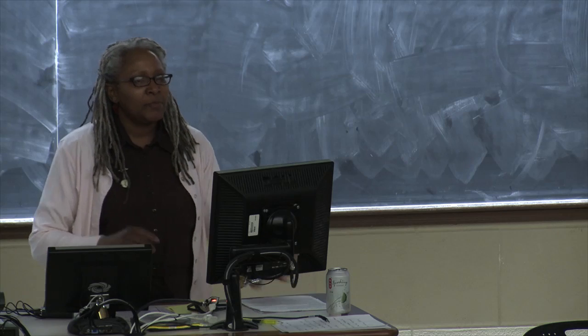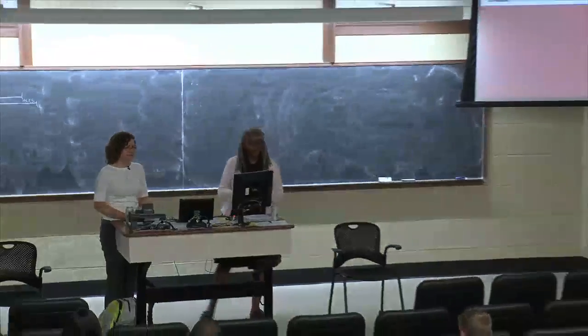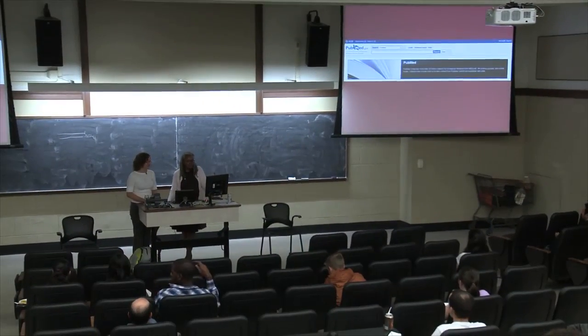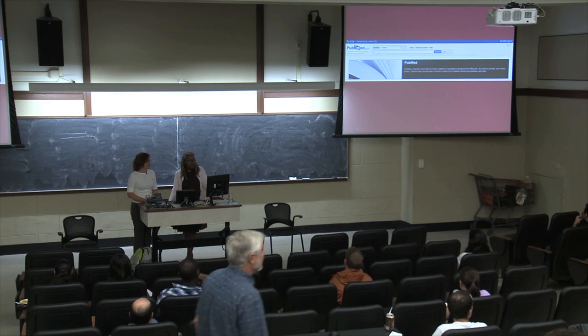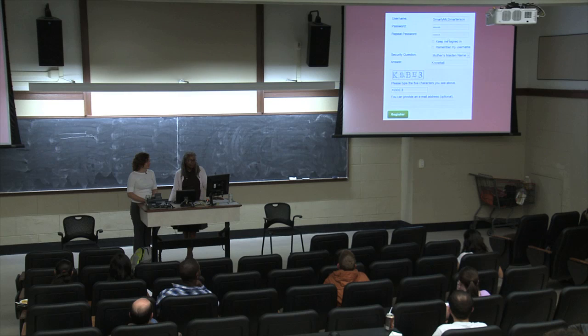Now I want to tell you a little bit. I was talking to Anne, our presenter this evening, about the research that she was doing, and she was telling me that she uses the database PubMed quite often, which made me happy because it's one of my favorite databases. If you are using this database, you should sign in with an account. If you don't have one, you can simply register for an account, fill in your information here and click register.